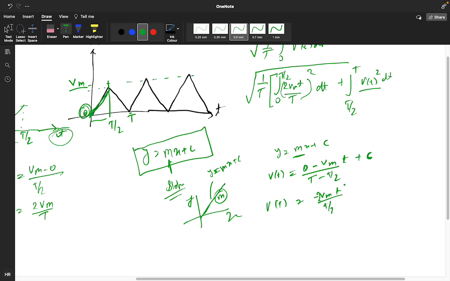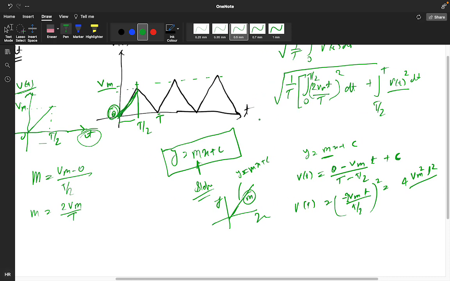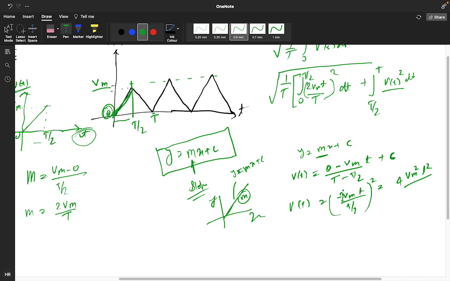So if you square this, what value will you get? 4 Vm square into t square by T square. Here T minus T by 2, so T will be there only.